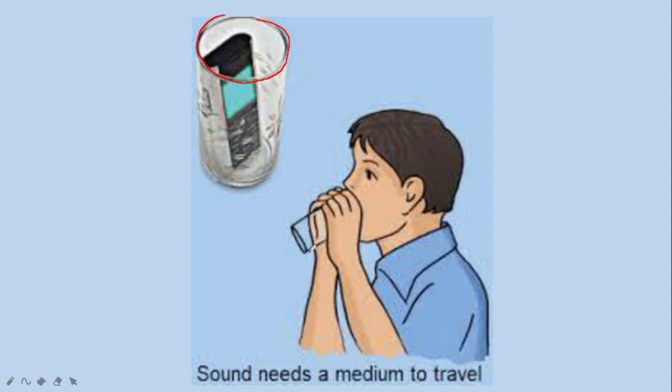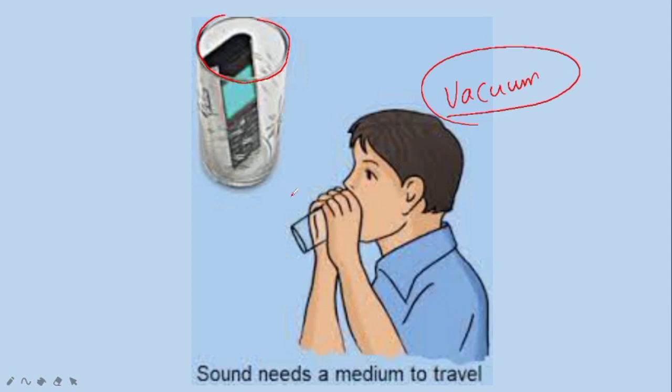Actually, sound needs a medium to travel. So what does sound need to travel? Sound needs air to travel. When air has been removed completely from a vessel, it is said that there is a vacuum. In a vacuum, sound does not travel. Clear? Sound cannot travel through a vacuum.